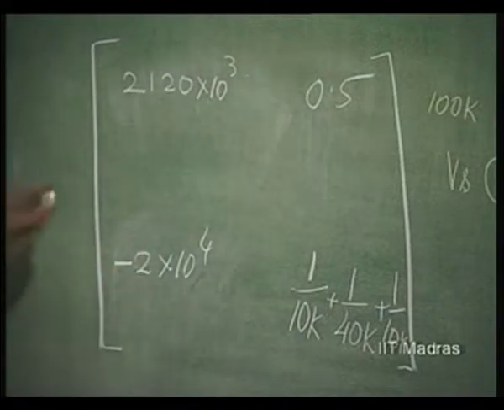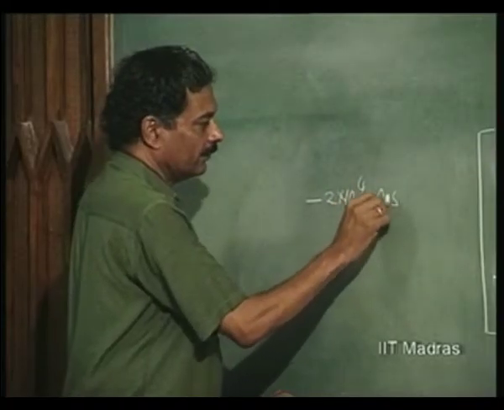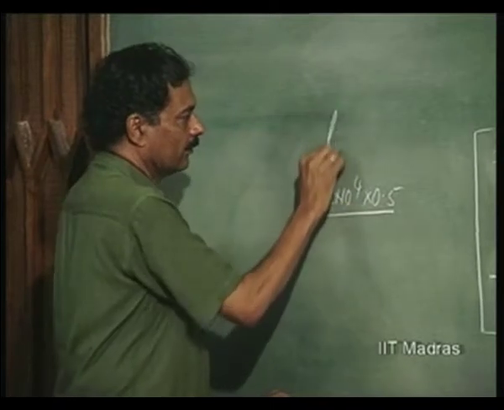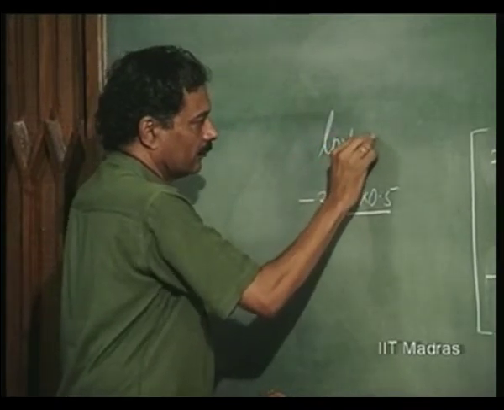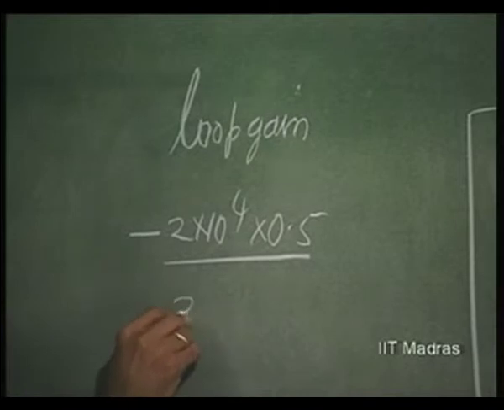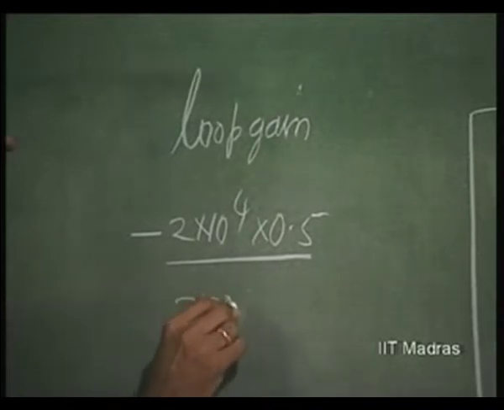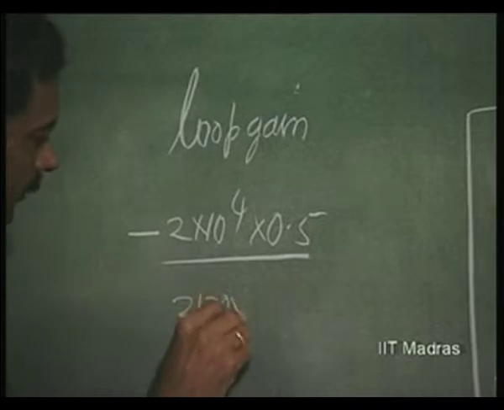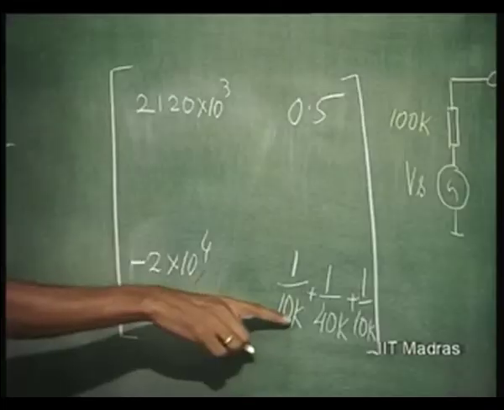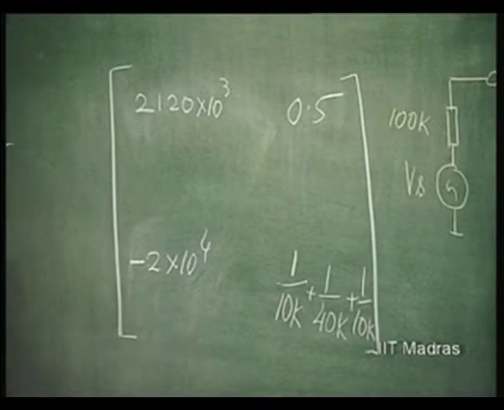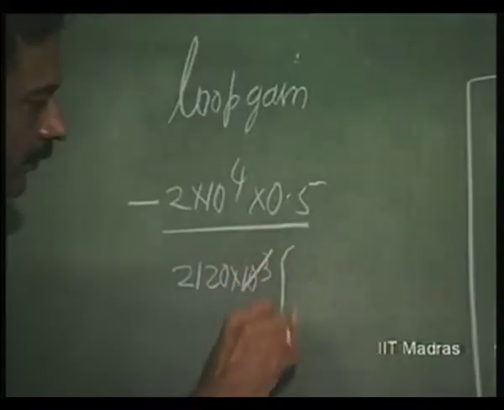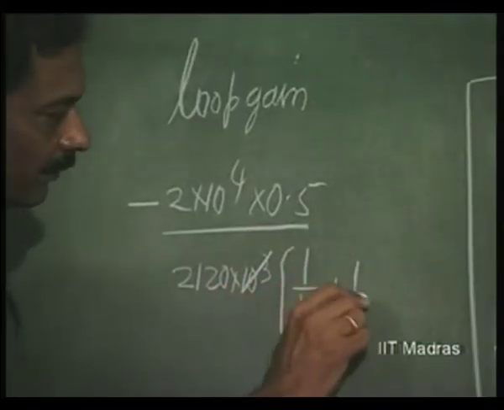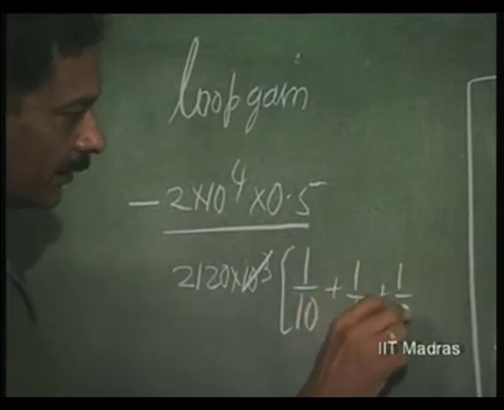So, now the loop gain is minus 2 into 10 to the power 4 into 0.5 by 2120 K. So, into 10 to the power 3, this is going to give you 10 to the power minus 3. So, that gets cancelled into 1 over 10 plus 1 over 40 plus 1 over 10.